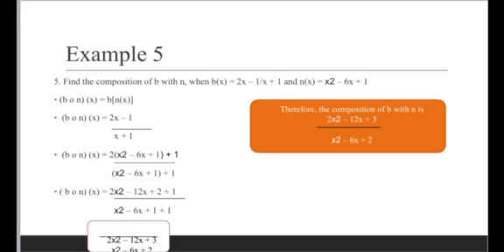Add or subtract the like terms in this equation. Our answer now is 2x squared minus 12x plus 3 over x squared minus 6x plus 2. Therefore, the composition of b with n is 2x squared minus 12x plus 3 over x squared minus 6x plus 2.